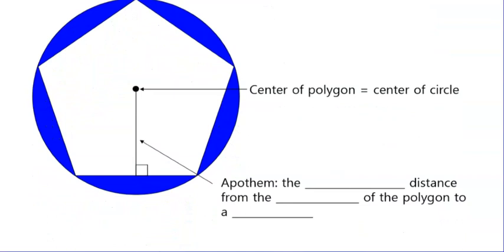There's the center of the polygon, which is the center of the circle. Okay? The apothem, so that apothem right here is the perpendicular distance from the center of the polygon to a side. So notice, basically it goes from the center to the side at a right angle. That's the apothem.